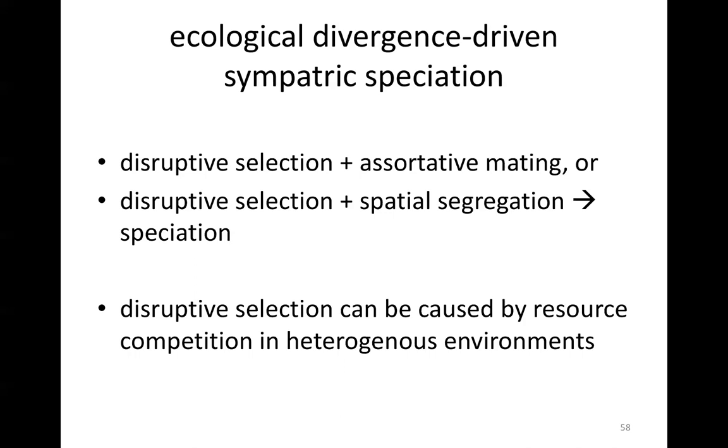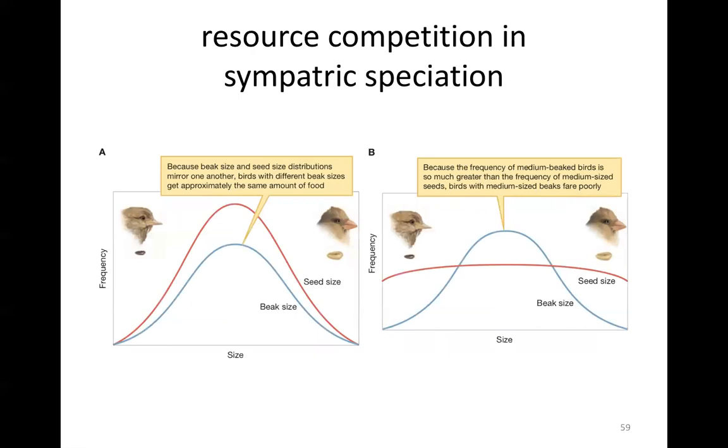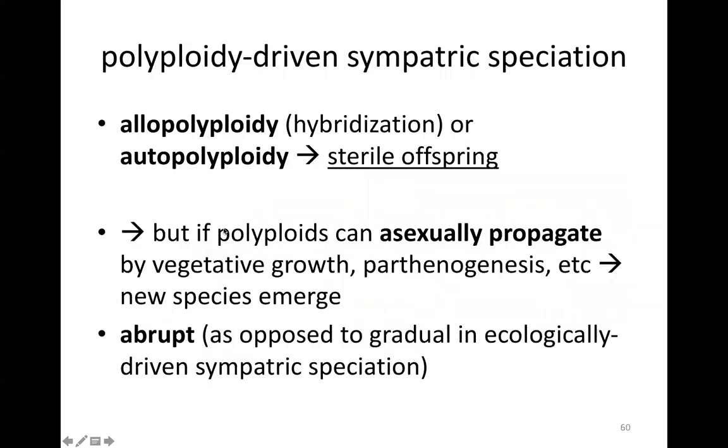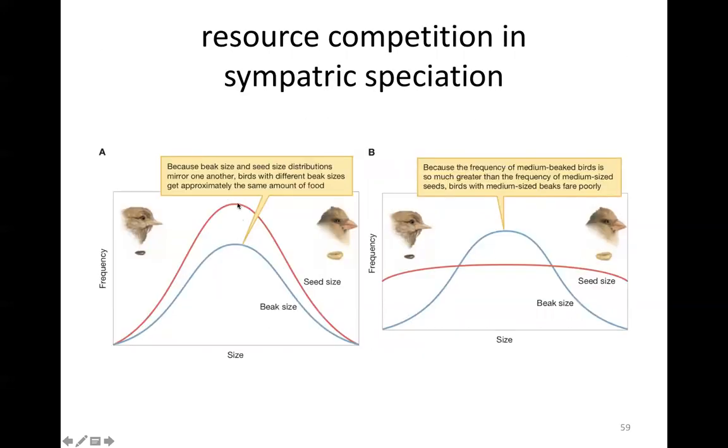And disruptive selection itself can be caused by resource competition. This is also something to keep in mind. So if we have the distribution of a resource, for instance, if these funny birds are eating seeds and most seeds are of intermediate size, here shown in red, the seed size distribution, the most are of intermediate size, then being of intermediate size would make sense and would have relatively high fitness.